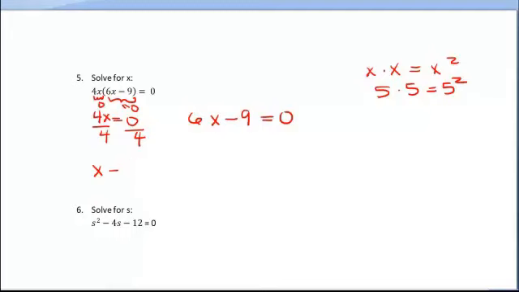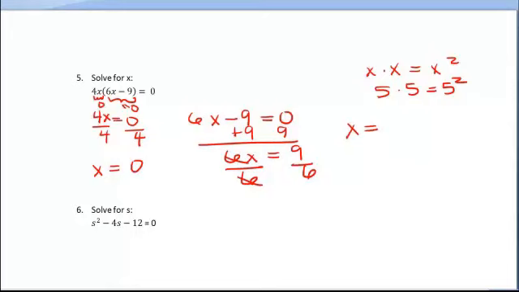And then I get x equals 0, and here I get 6x equals 9. Divide both sides by 6, and then I get x equals 3 divides 9 3 times and goes into 6 twice. So the values for x are 0 and 3/2.